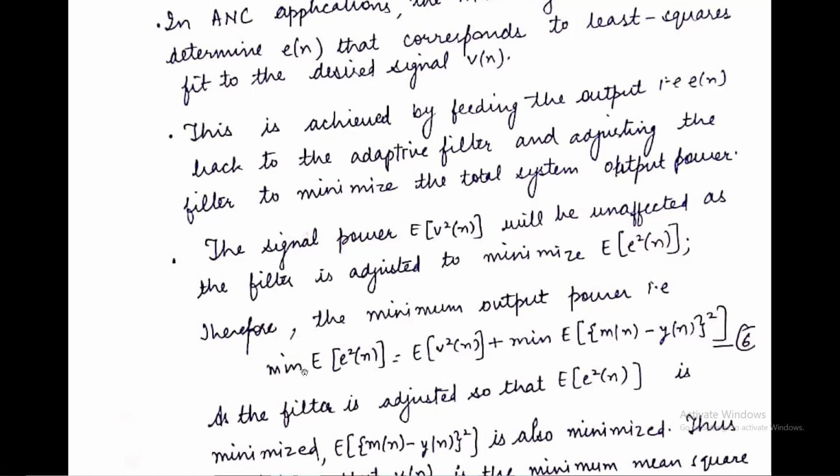We can call it the minimum mean square error, MMSE, which will again be expectation of V square n plus the minimum of expectation of Mn minus Yn whole square.